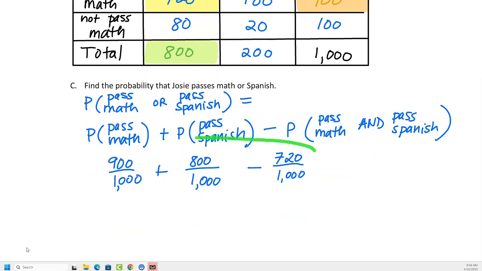Notice I could just quickly subtract these two. That's 80, and add that to the 900. Isn't this going to be 980 thousandths, or 0.980?